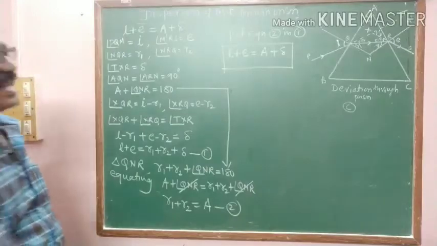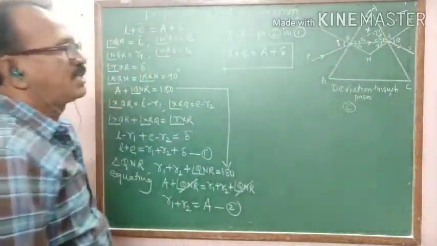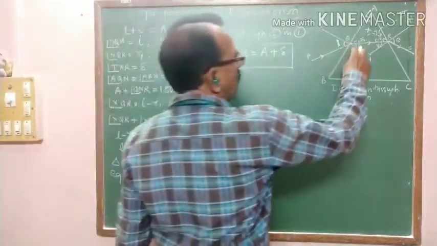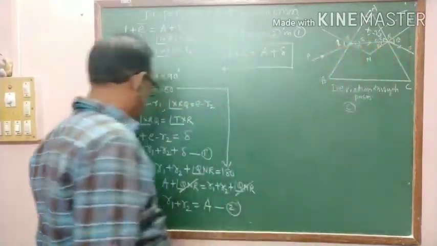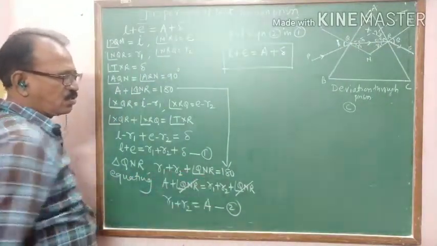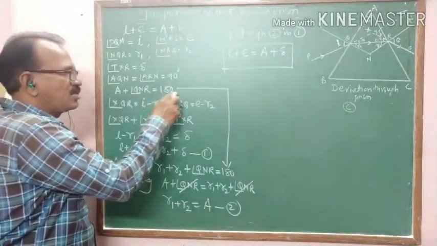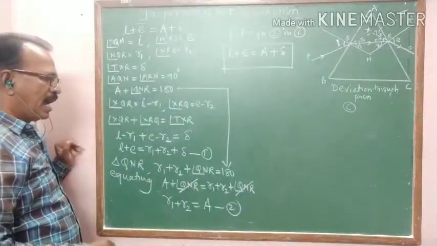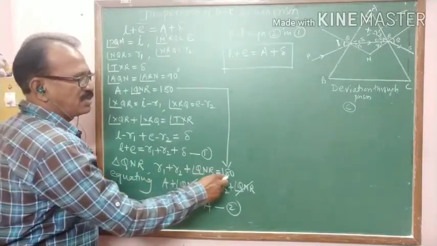Now from triangle QNR, r1 plus r2 plus angle QNR is equal to 180. And A plus angle QNR is equal to 180.